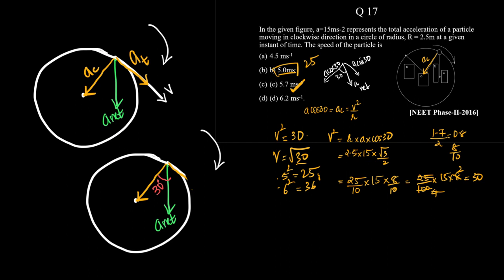So now if you resolve this 30 degree vector, what do you get? If you resolve a net into two components acting at an angle theta, this component would be a cos 30, and what would be this component? This component would be a sin 30, right?